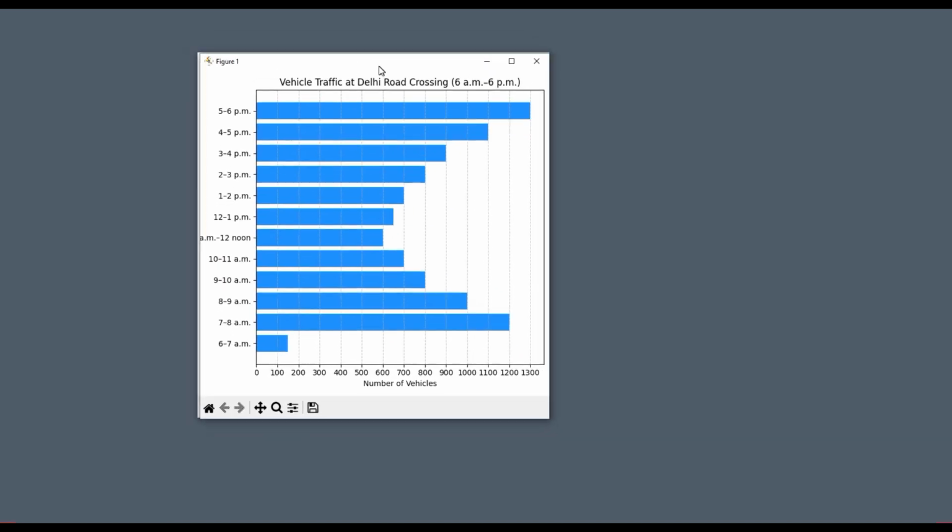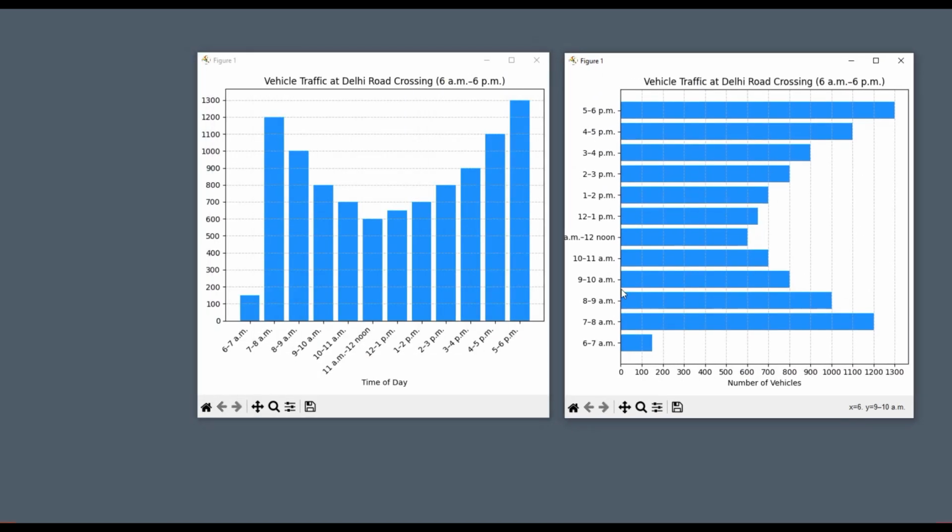Can you see that both are of the same size? I can easily add categories to our horizontal. Look at horizontal and look at vertical. If I want to add more categories, which would be the best fit? Right?